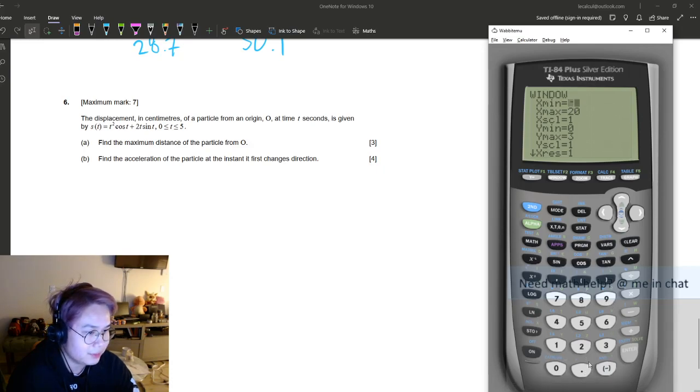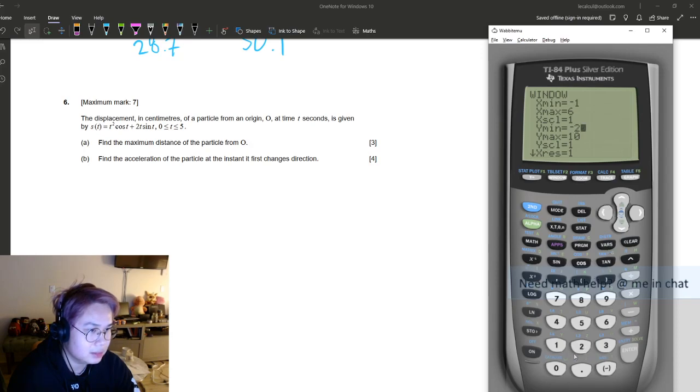So just to be safe, I'm going to go a little bit before 0 and a little bit after 5. And I'm going to change my y values back to a standard -10 and 10. Okay, and then you can see it's not even enough to go to -10, but we can just change that pretty easily.